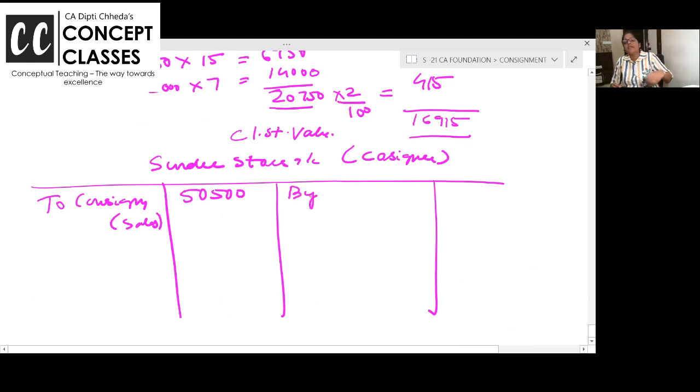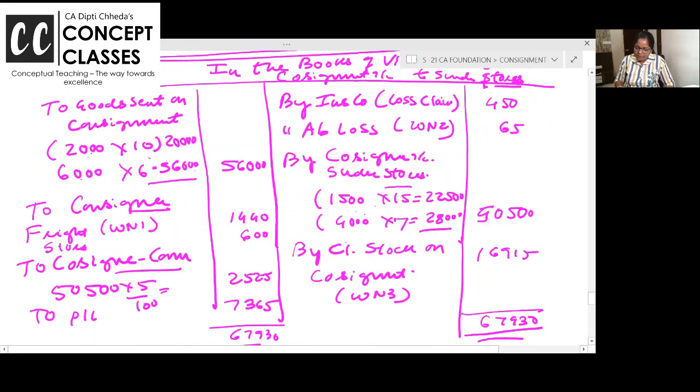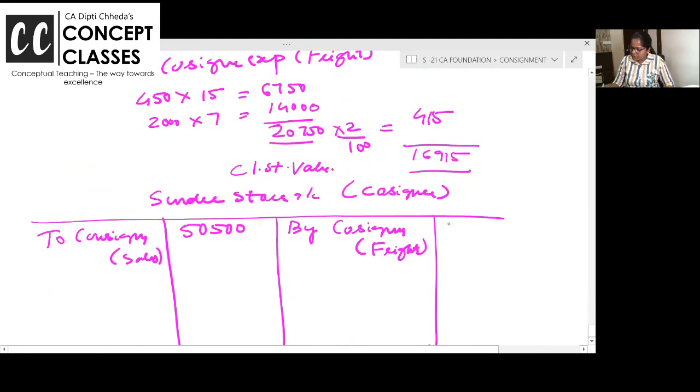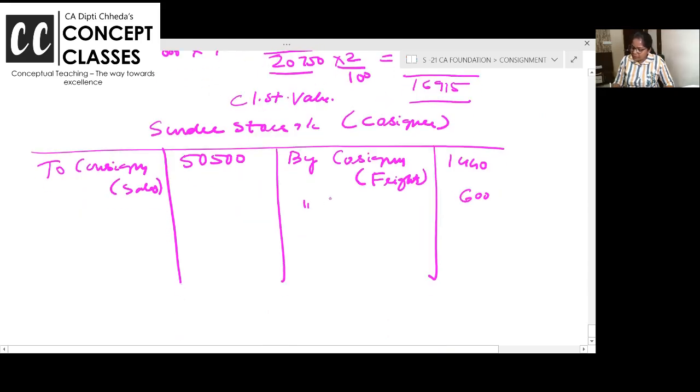To pay means the consignee will pay the on-road transport and all. So by consignment, freight. How much is freight? You can copy the figures from the consignment account. 1440 freight, and in the same, 600 rupees is the rent, and in that, commission.